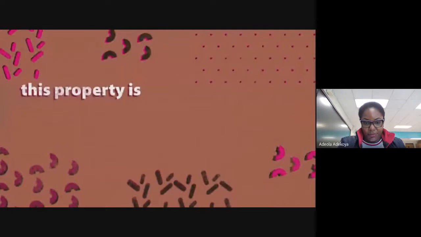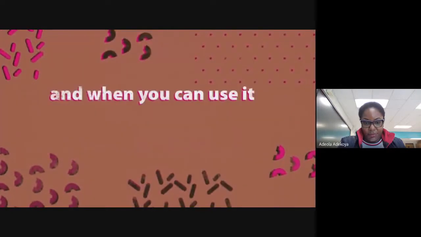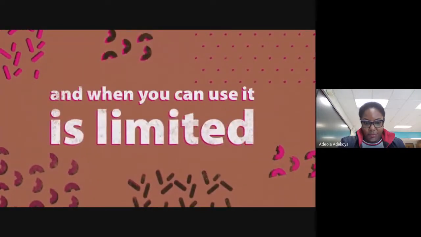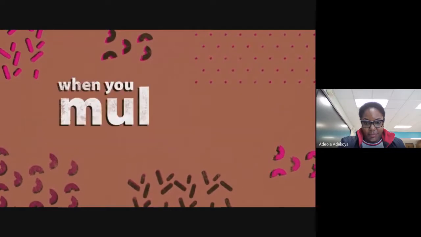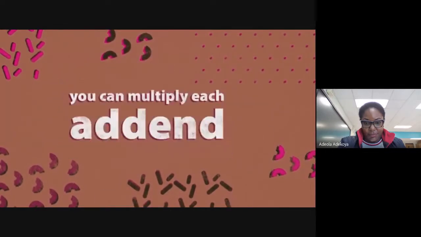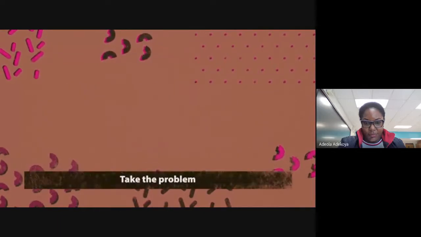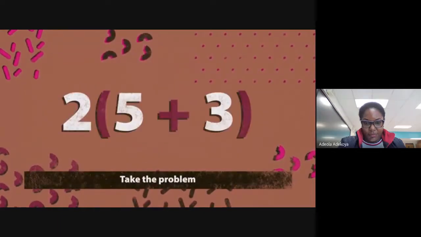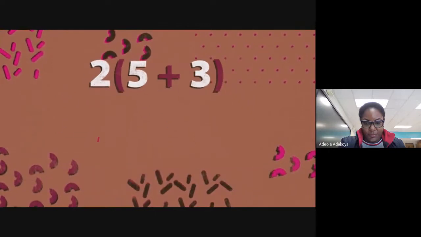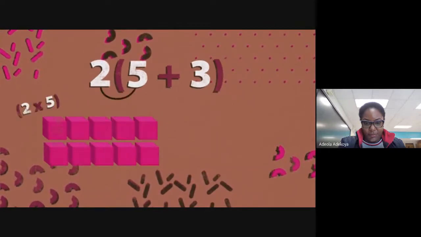This property is distributive, and when you can use it, it's limited. Yeah. When you multiply a sum, you can multiply each adding and then add the products up. Take the problem, 2 times 5 plus 3, and the 5 plus 3's in parentheses. You can multiply the 2 times the 5, and then multiply the 2 by the 3.